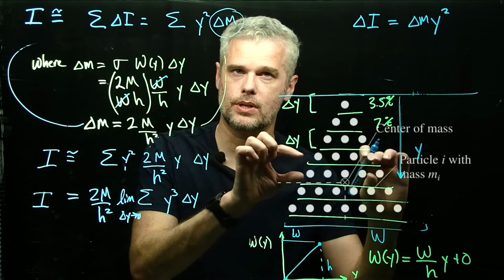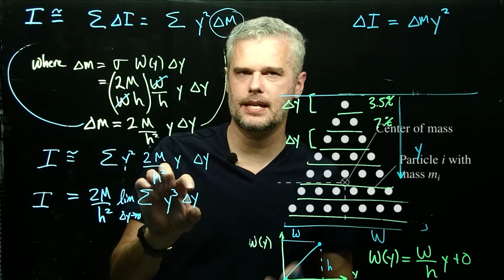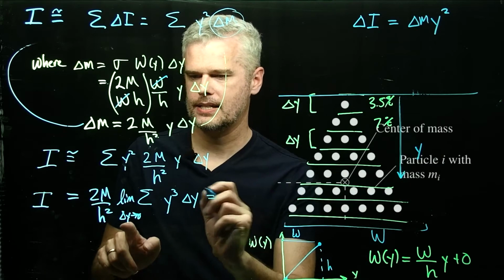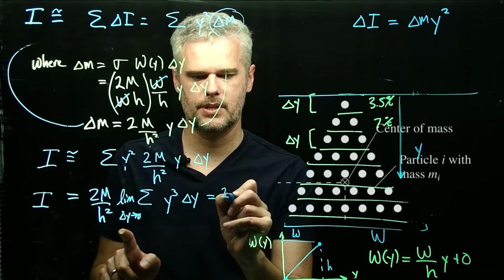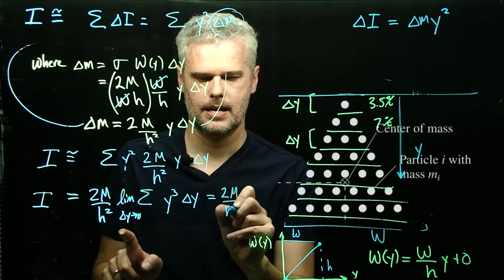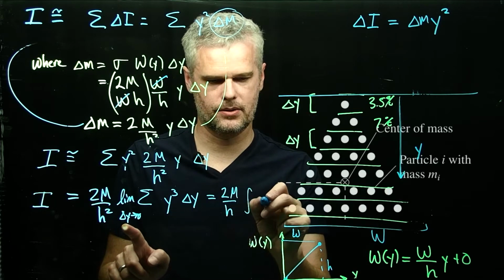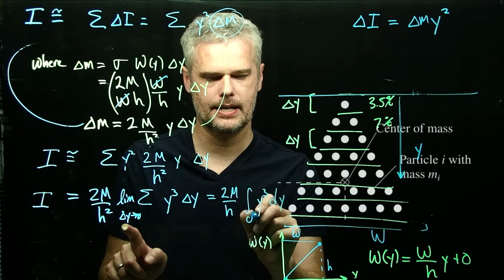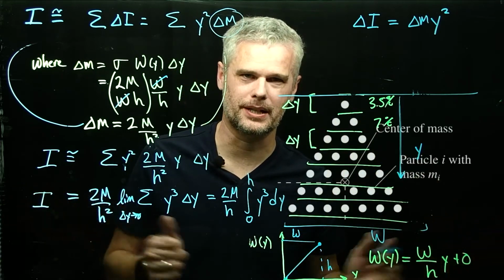We're just doing this one slice at a time, summing them up, and then taking the limit that the slice width goes to 0. When we do that, we change the Greek letter sigma to an old Middle English s, a sum. It's an integral of y cubed dy, and the y goes from 0 and it ends at h. That's how we calculate the moment of inertia.